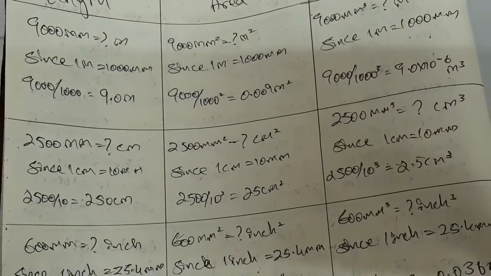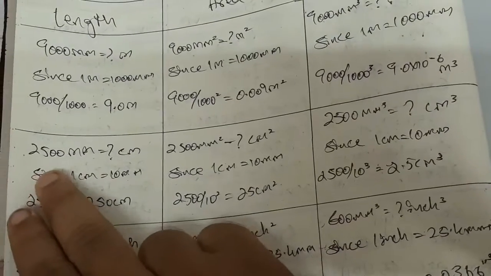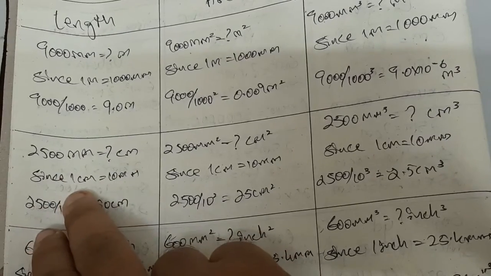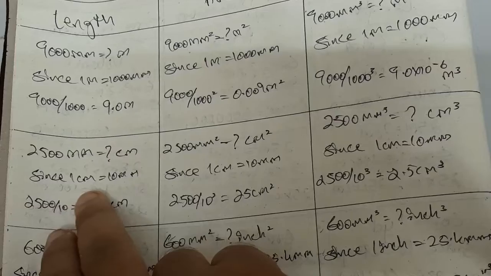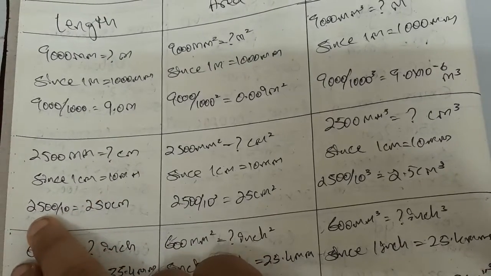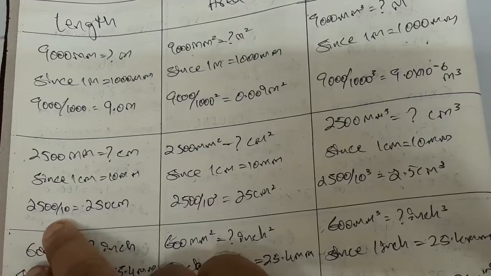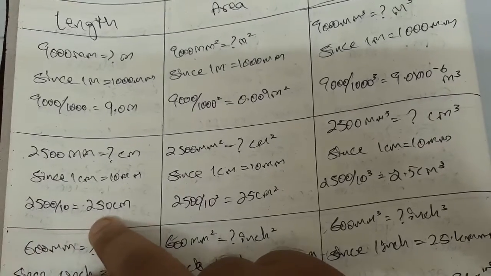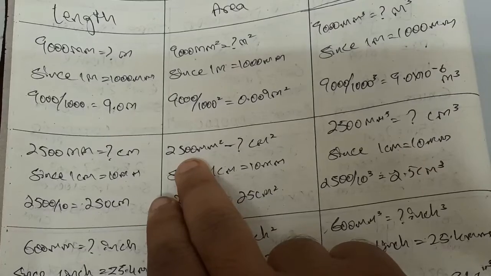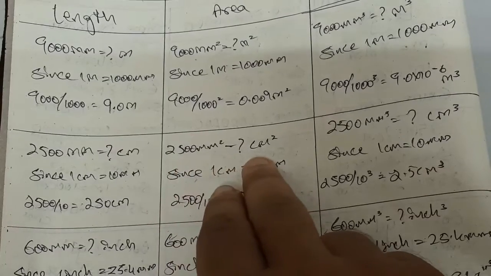Coming to our next problem, we have 2500 mm is equal to how many centimeters? So since 1 centimeter is equal to 10 mm, we divide 2500 by 10, which gives us 250 centimeter. In the two-dimensional calculation, we have 2500 mm square is equal to how many centimeters square?